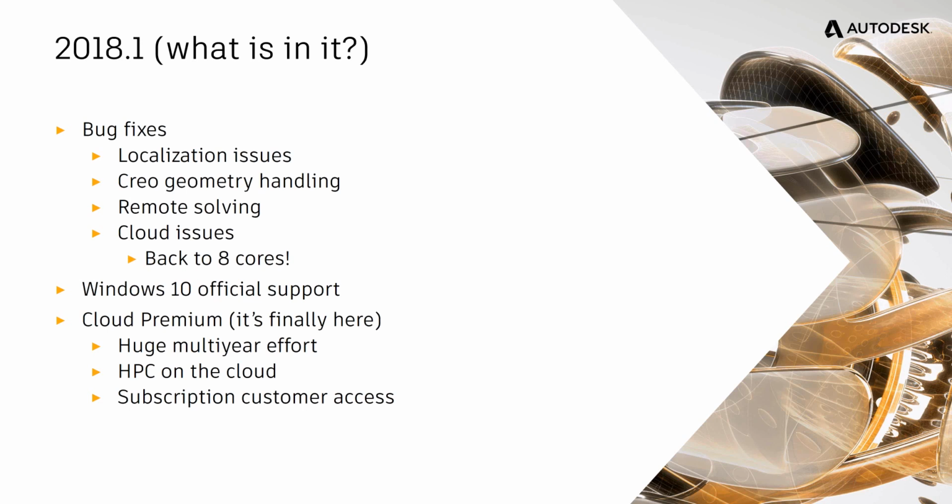The other thing is we've been unofficially supporting Windows 10. Personally, all of our AEs, our application engineers, our tech support, myself included, we all have Windows 10. Anybody with a newer laptop computer has Windows 10. And we didn't officially support it at release. Now it's officially supported. That means if something comes in as a bug that's Windows 10 related and it's only Windows 10, we can officially support it, which means we can fix it in a timely manner.